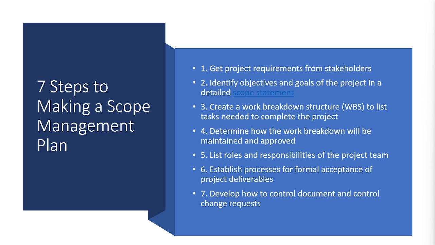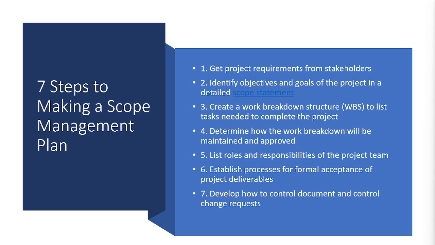5, let's list all the roles and responsibilities of the project team. Okay, so part of the project team would be our C-level executives, CEO, CFO, COOs. Then we have our project executives, our senior project managers, our construction project managers, construction superintendents, assistant project managers, project administrators, general foremen, engineers, clerks, trade foremen, tradesmen and women. And so we have to list the roles and responsibilities of each of those individuals with respect to the project.